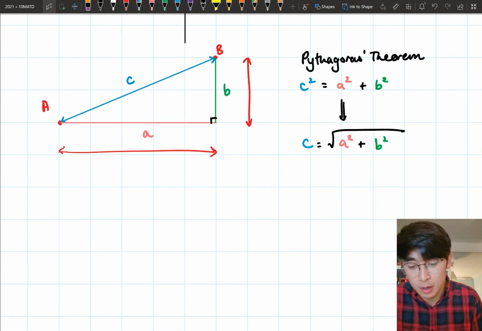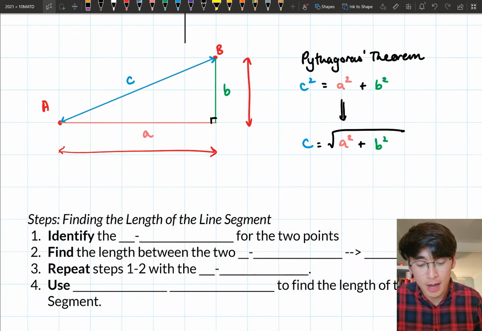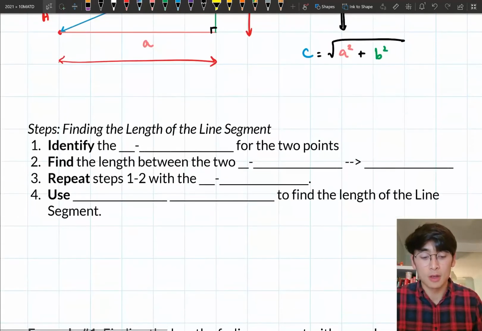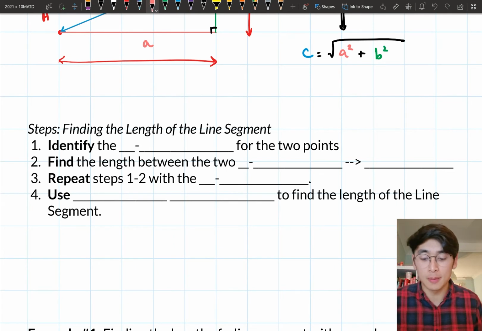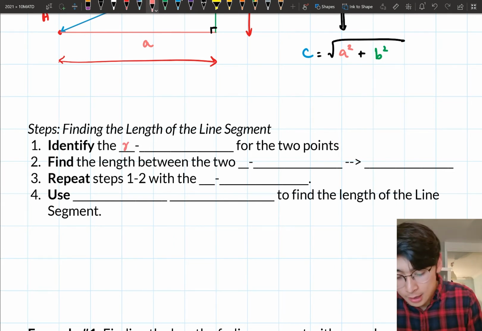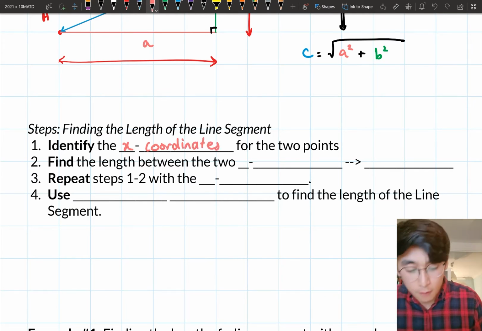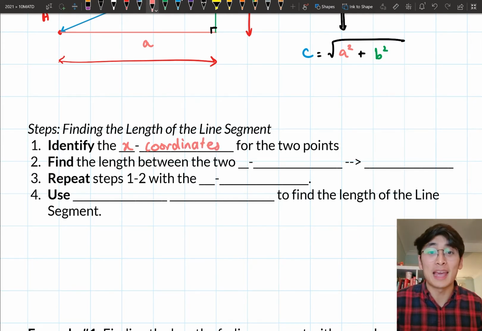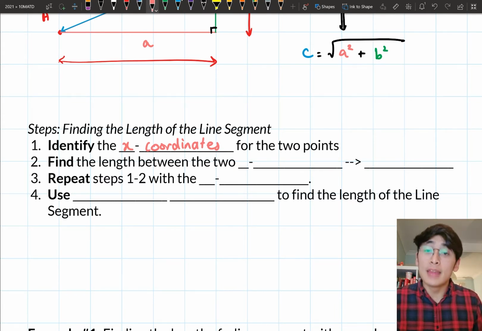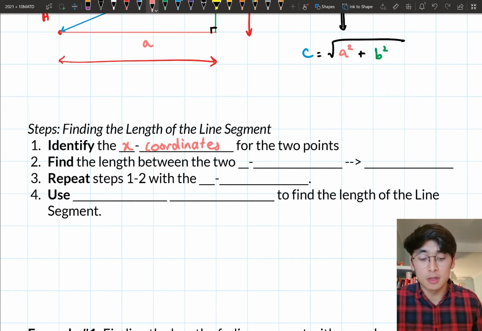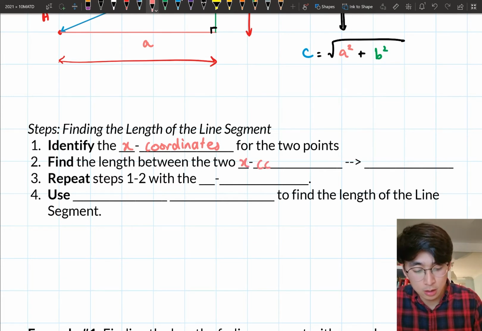So here are the steps that we're going to follow if we want to find the length of a line segment. Firstly, I'm going to identify the x coordinates for the 2 points, big A and big B. Then I'm going to find the length between the two x coordinates.